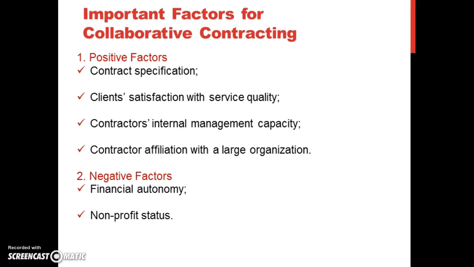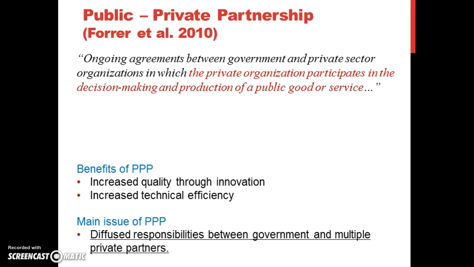But it's interesting to know that contract specification is positively associated with higher degrees of collaboration in contracts of childcare services. This implies that a clear goal of service will help government and contractor work together.